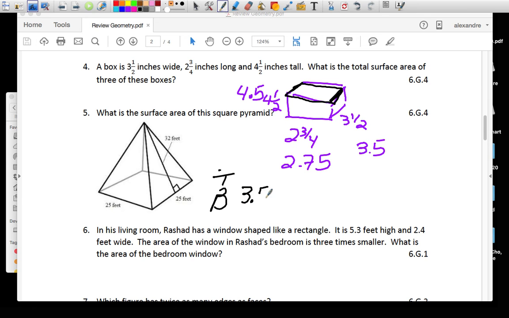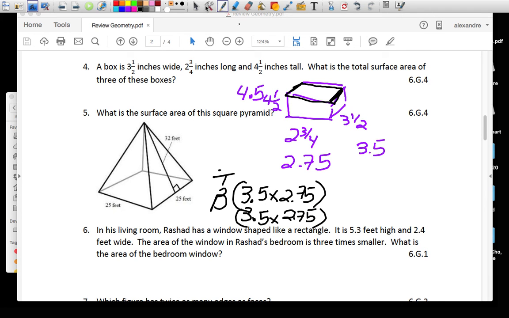So 3.5 times this distance, 2.75. That's going to be the top, and the bottom is the same. Remember, top and bottom are the same.